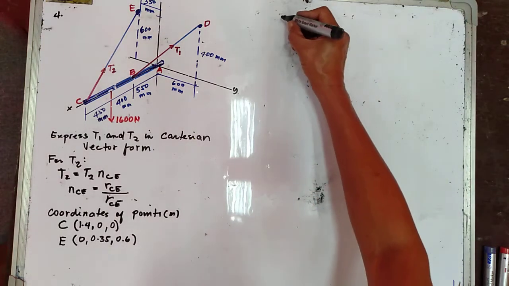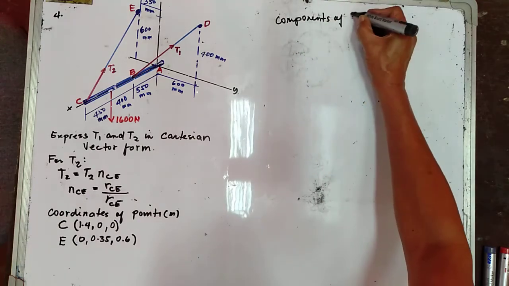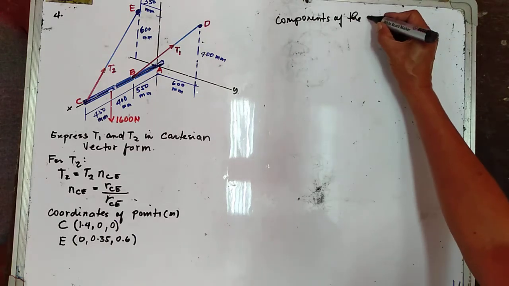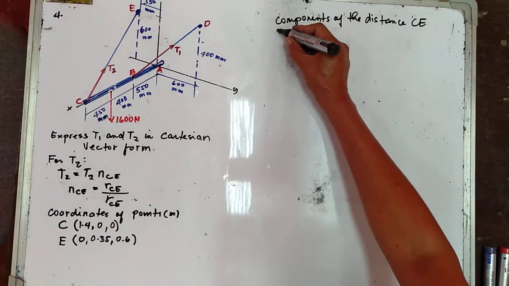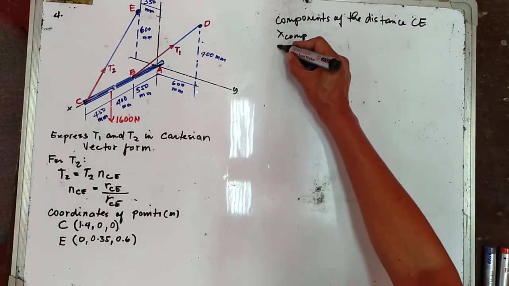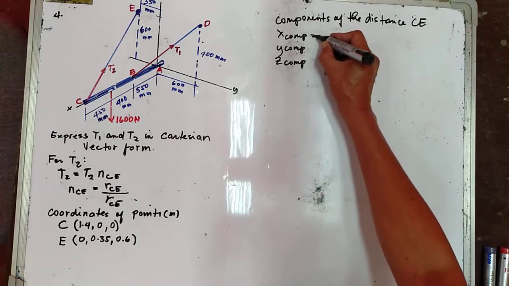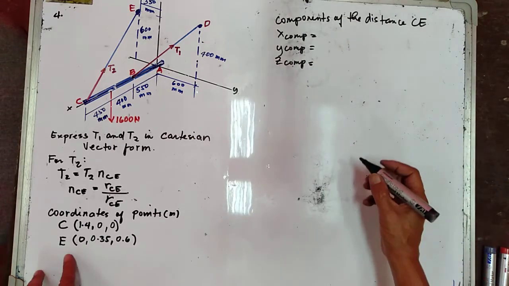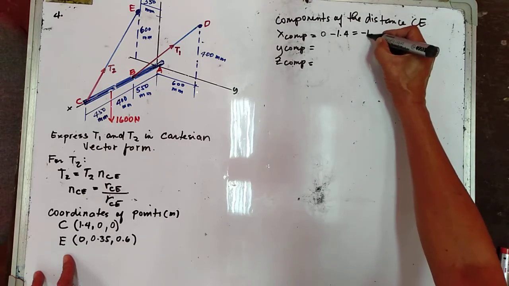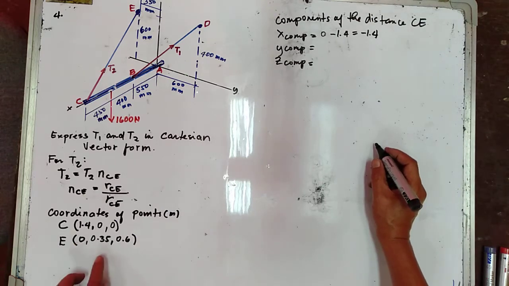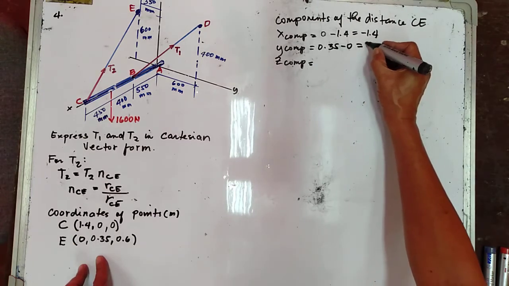Now, we have the components of the distance CE. So we have your x, we have your y, and we now have your z. So again, E minus C. We have 0 minus 1.4, that is negative 1.4. 0.35 minus 0, so that is 0.35.